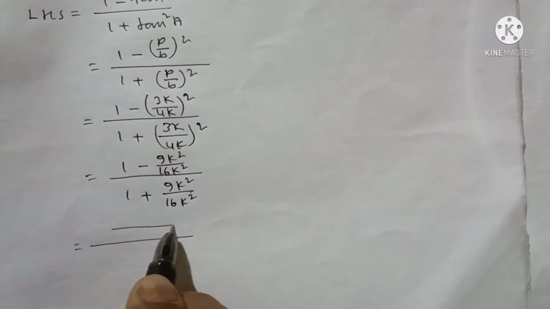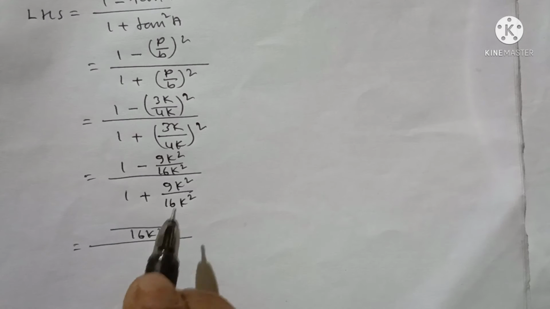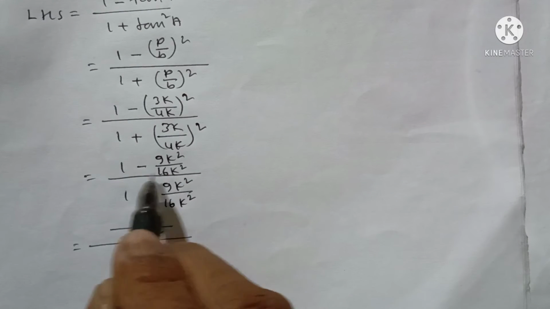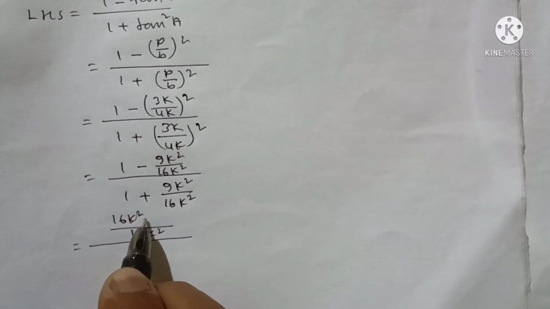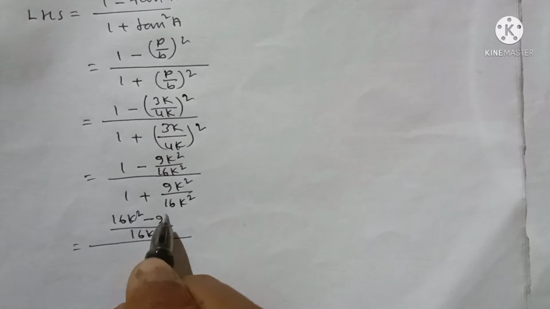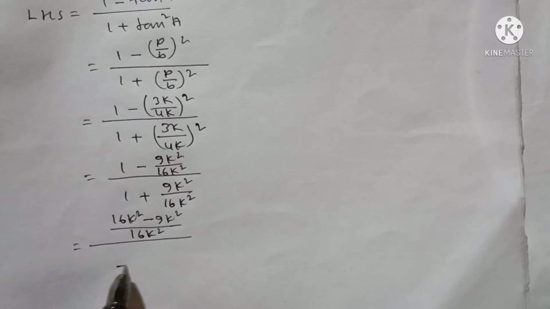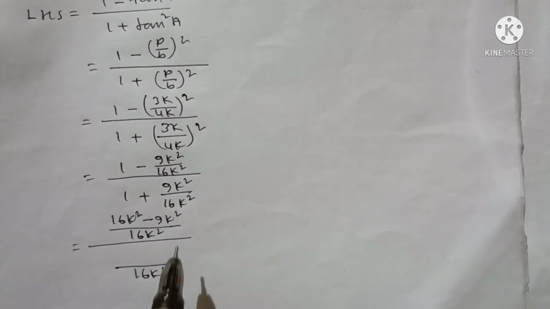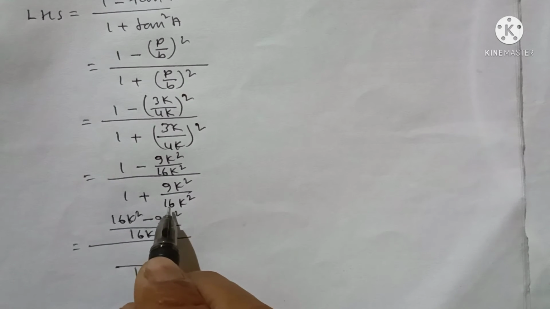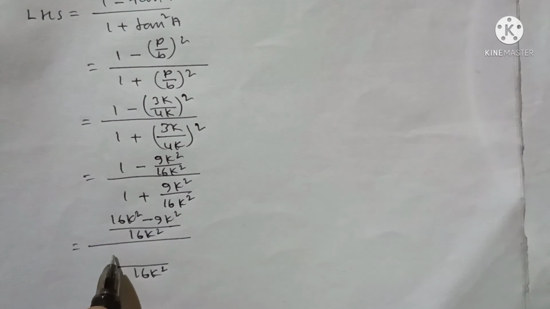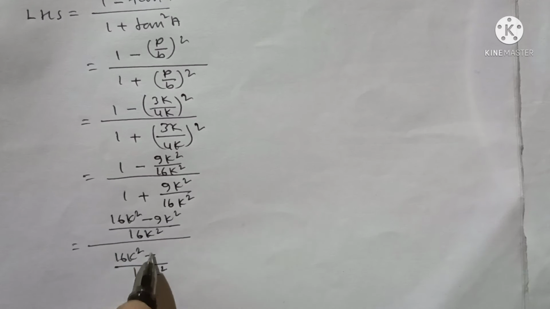Here take LCM. 16K square, multiply this 16K square into 1, 16K square minus 9K square. This is same, here also same. 16K square is LCM, multiply this 16K square into 1 means 16K square plus here 9K square.